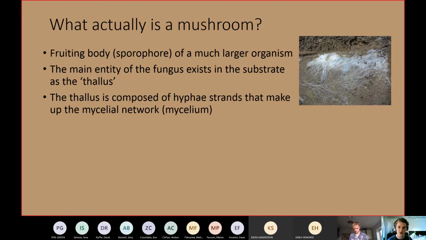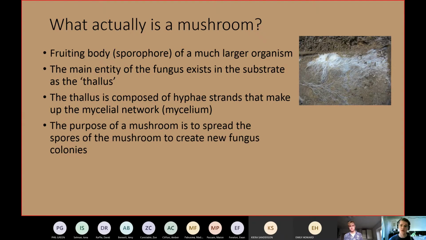These little strands are the actual fungus cells. They excrete enzymes and suck up whatever juices they want from the soil or substrate, and then when it's time to grow, the hyphae make up this mycelium, which makes up the whole thallus network of fungus.